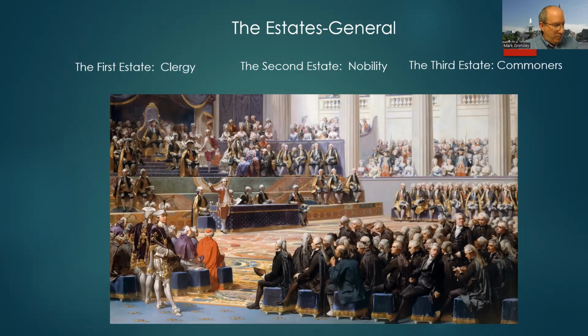But these millions of people included wealthy merchants, bankers, lawyers, and other professionals, some of whom had greater wealth than some of the nobility. And under the 1614 arrangement of the Estates General, each estate met separately and exercised a single vote. The clergy had a vote, the nobility had a vote, and the third estate, the commoners, had a vote.